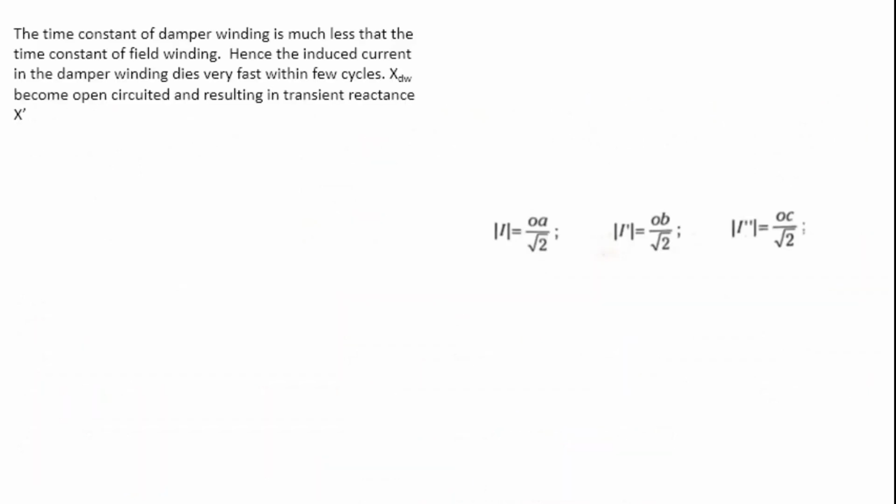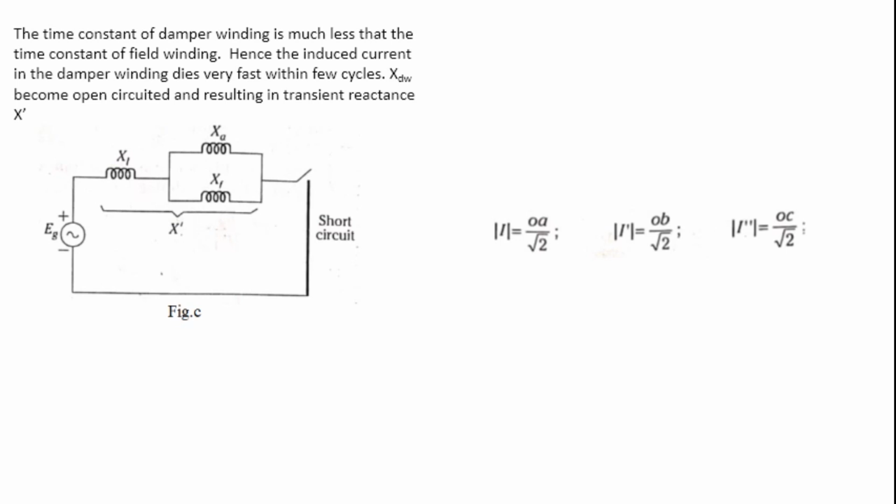Here the induced current in both the field and the damper windings decays exponentially, depending upon their time constant tau, and the decaying component mainly depends on a constant value, the L by R ratio.